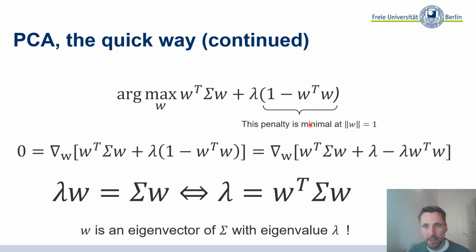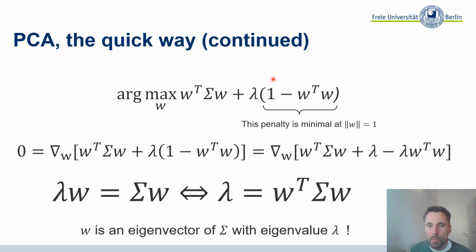So, to limit the length of W, we use something that's called a Lagrange multiplier, which is just a part of this optimization criterion that corresponds to what we want. Well, we want to keep W to length 1, so we say W transpose W, which is the square of the length, but will be 1 if the vector has length 1. 1 minus this needs to be 0, right?